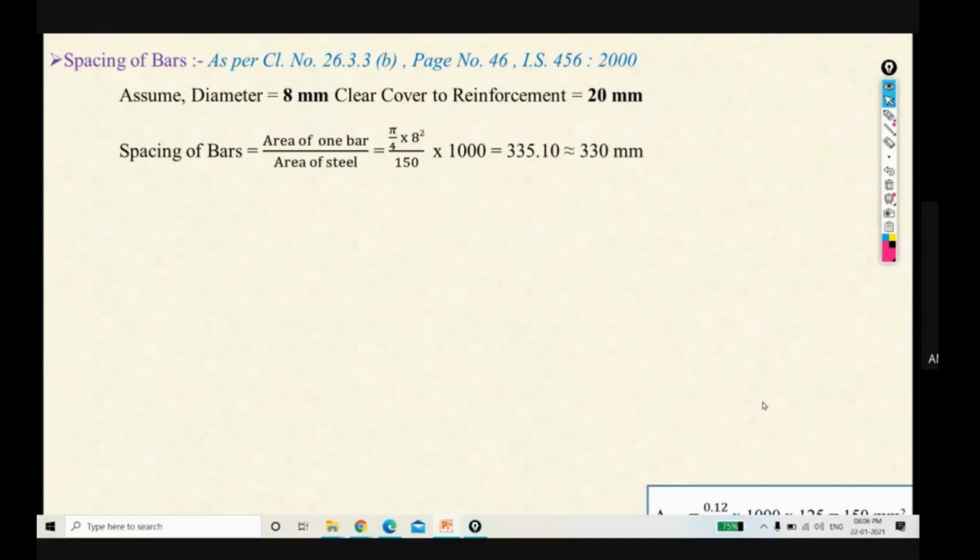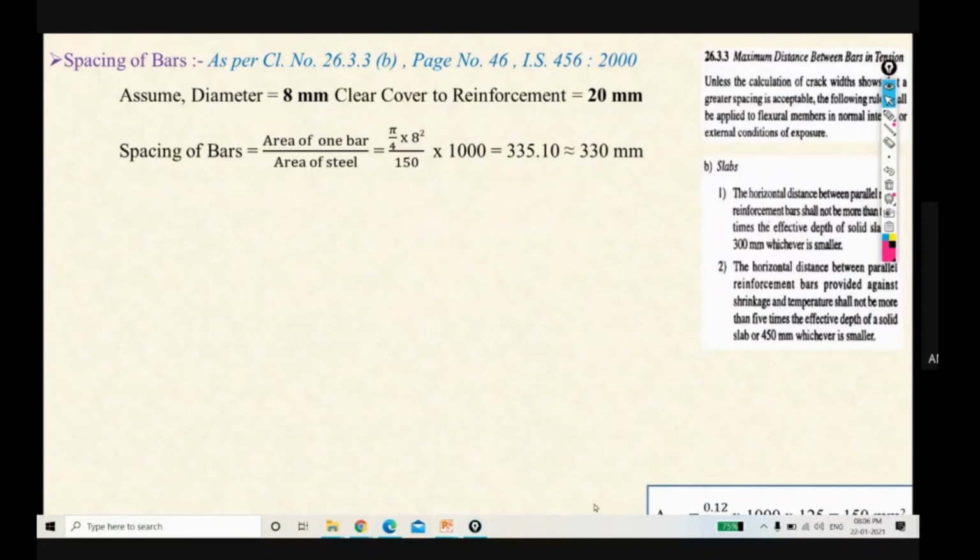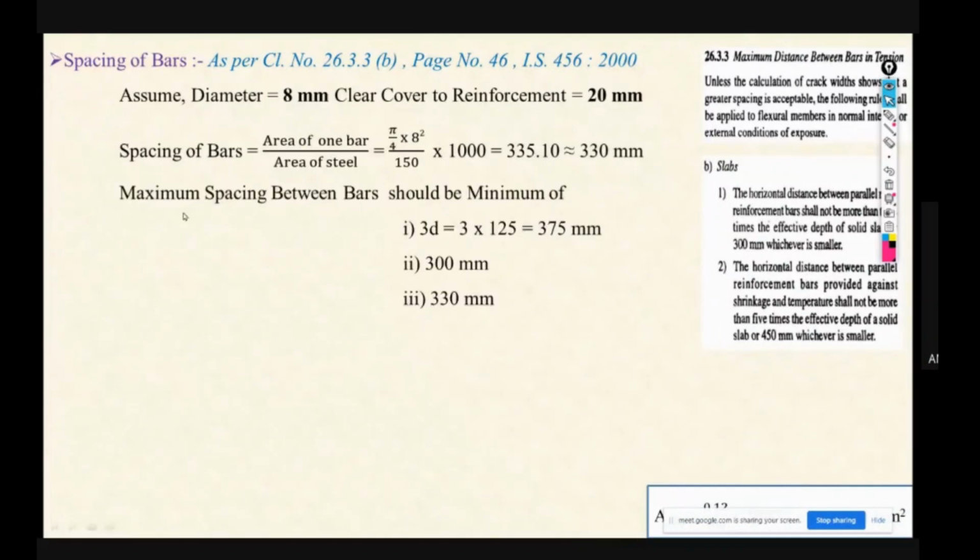Sorry, yes, it should be minimum 150, that was already considered over here. Okay, so the maximum spacing between bars should be the minimum of, now this clause is given for slab.